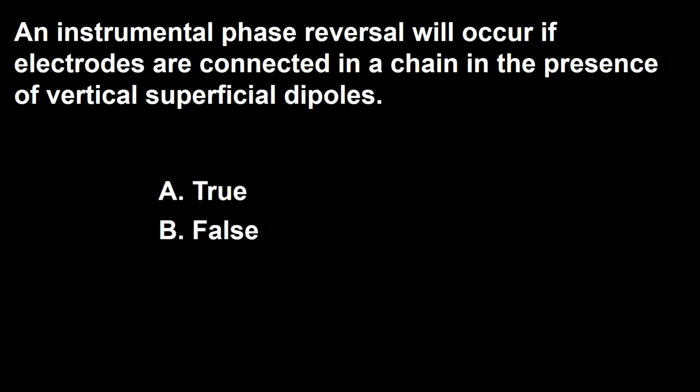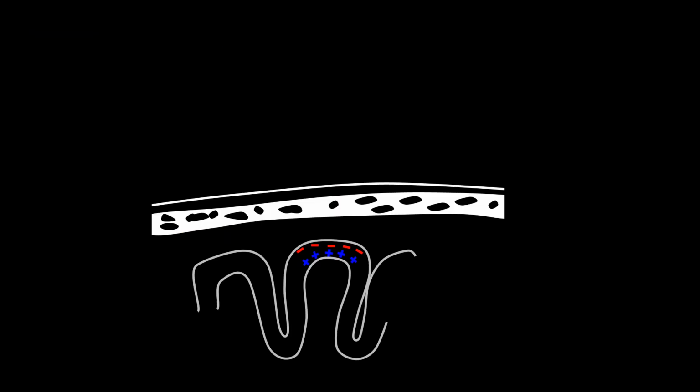Next question. An instrumental phase reversal will occur if electrodes are connected in a chain in the presence of a vertical superficial dipole. In this frame, I have represented a superficial vertical dipole. As you remember, superficial vertical dipoles are in the crown of the cerebral gyrus.